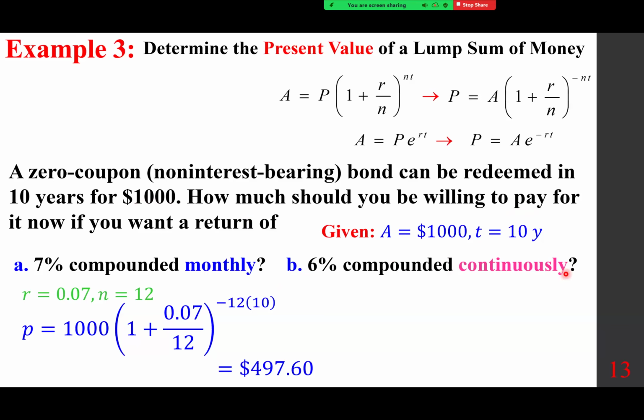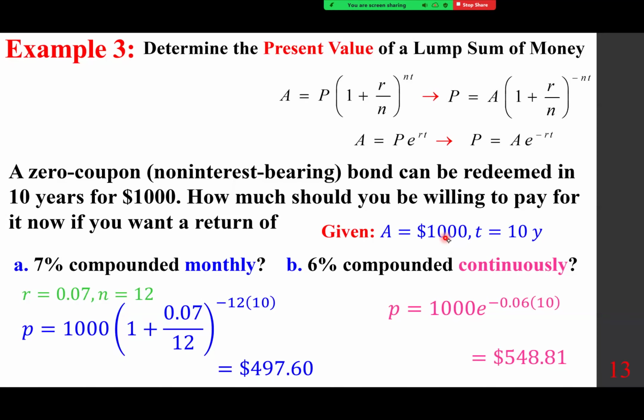What about this case? Put it into this formula. A is 1,000, e to the power of negative R, R is 6%, 0.06, everybody. And T is 10. And again, you use a calculator, we end up with 548.81. That means if we put $548.81 today, in 10 years, we get $1,000.